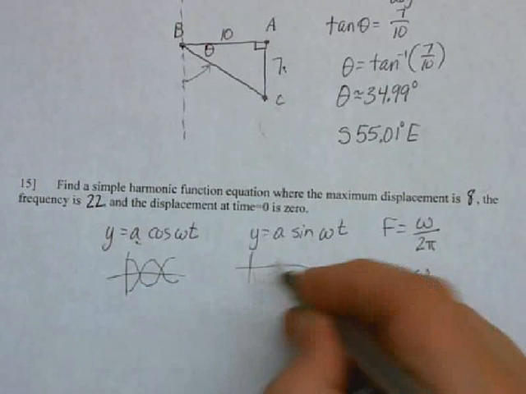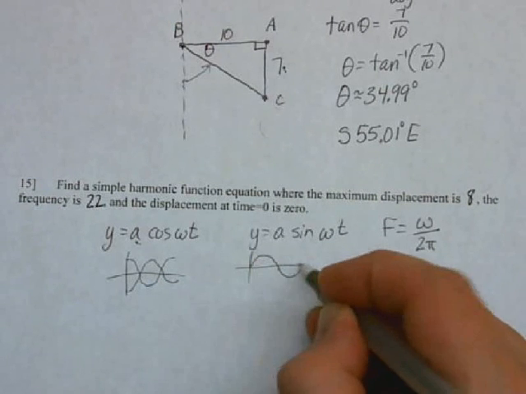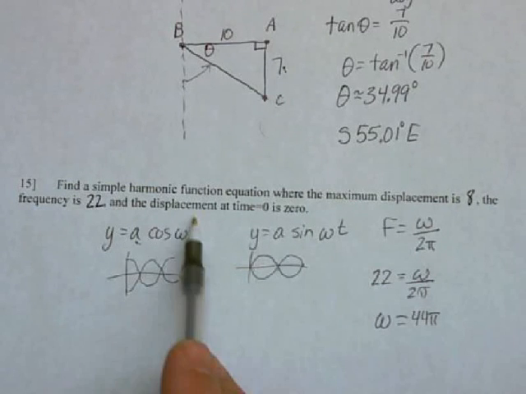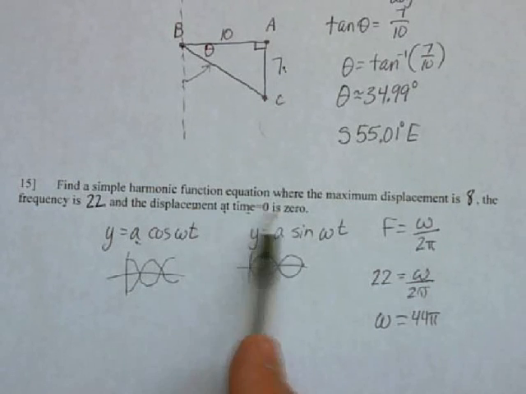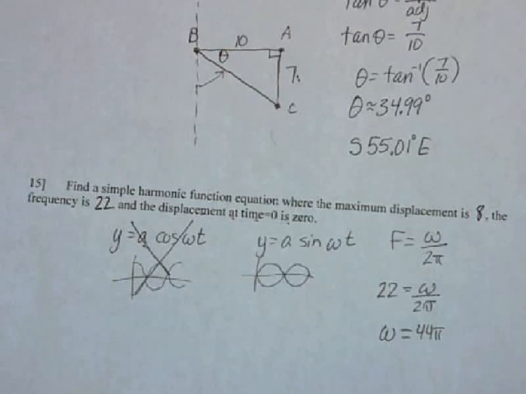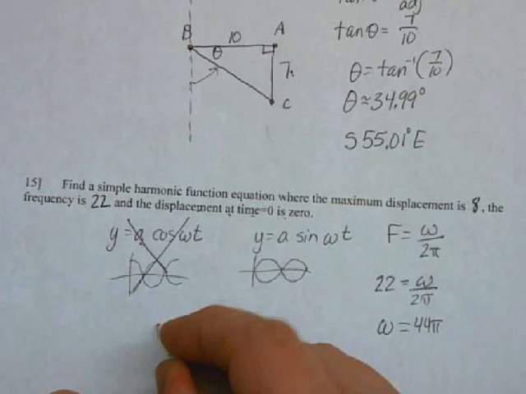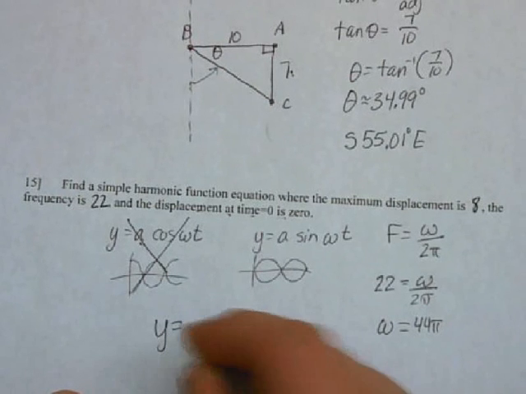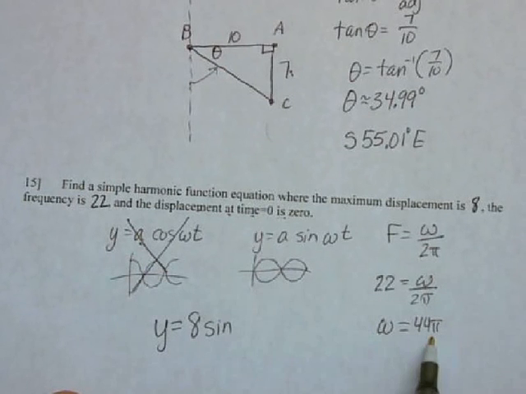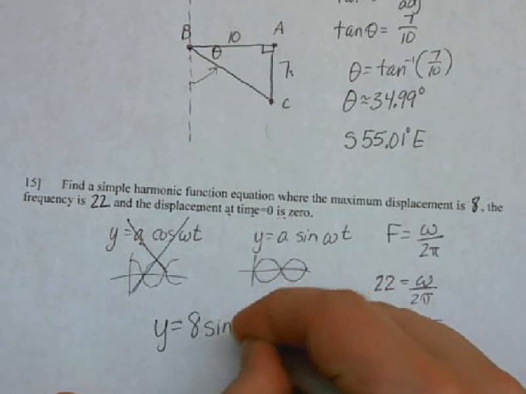And I know sine, regardless of whether A is positive or negative, will start at 0. Well, it tells us that the displacement at time equals 0 is 0, so that means we are not going to use cosine. We're going to use sine. So y equals 8 sine of 44 pi times t.